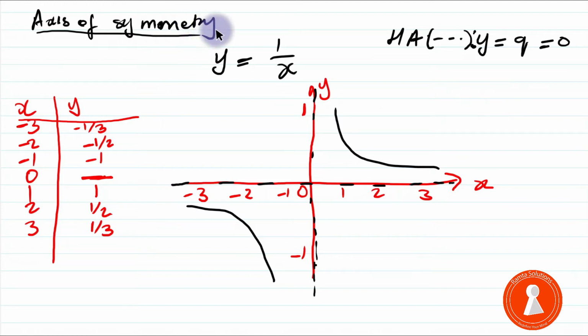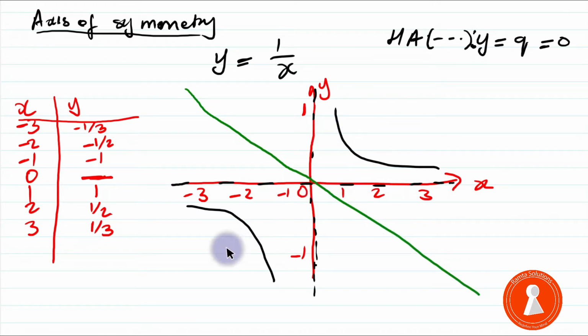Now we are not really done with the axis of symmetry. Something that I want you to see is that should I draw a line here, this line will divide these two graphs into two equal halves. Similarly, if I draw a line here, this line will divide the two arms into two equal halves, right?